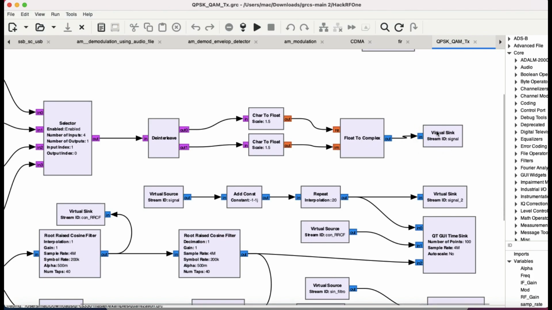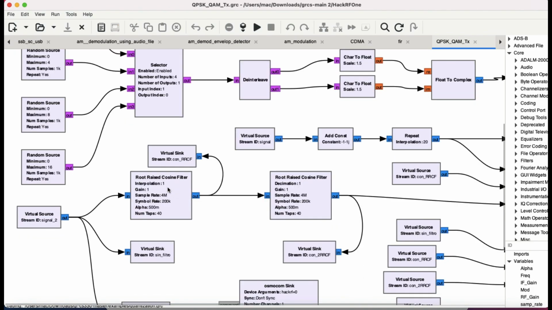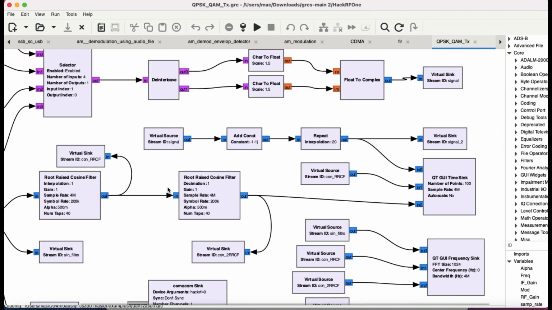And then I'm using a lot of virtual sinks and virtual sources. So I can produce a signal within that flow graph, and then I can call that signal by using a source block and just calling it the same name. Then it will act as a source for the next part of the flow graph.